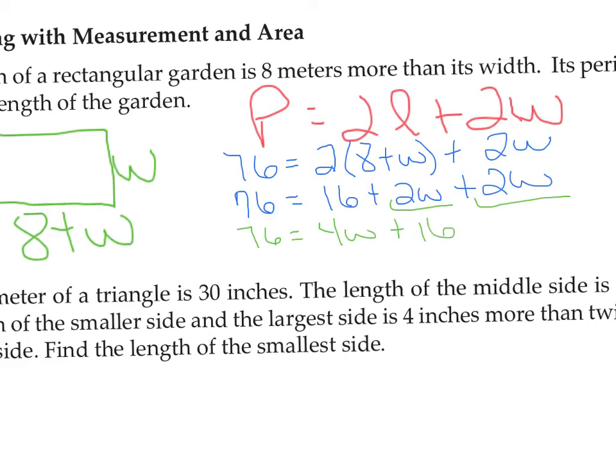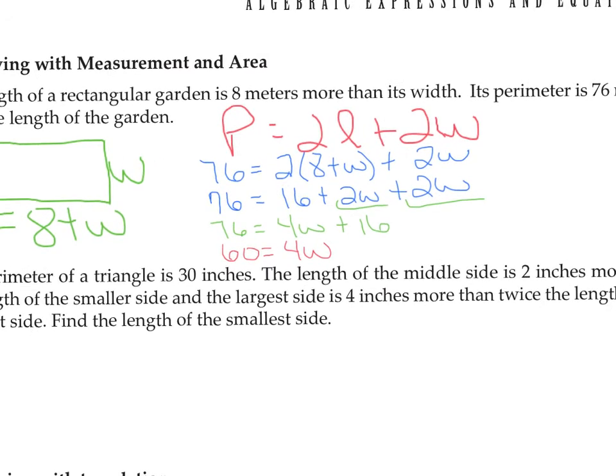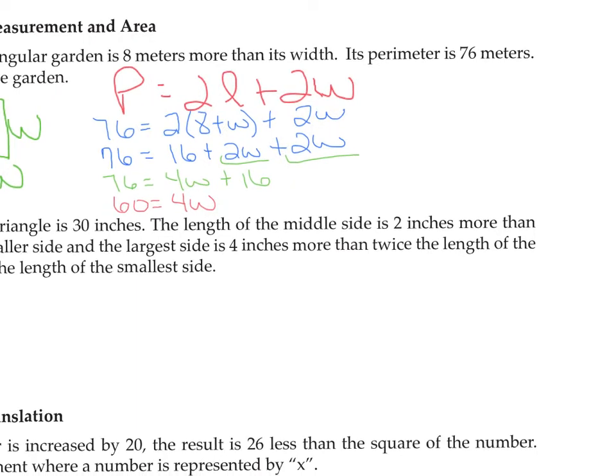All right, solving for W, we have to subtract the 16, and then we're going to divide by 4. So subtracting the 16 from both sides gives you 60 equals 4W. And then when you divide both sides by 4, you have 60 divided by 4 equals 4W divided by 4, or 15 equals W.